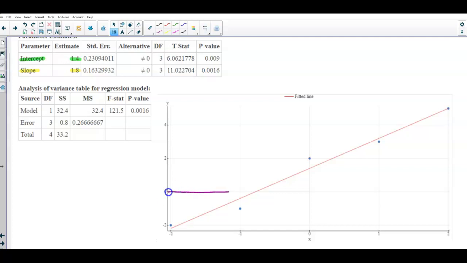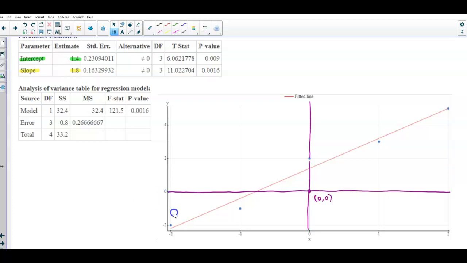Here is our 0. That's where the 0 is located, and on this graph here is also where 0 is located. So this point represents the origin, 0, 0.